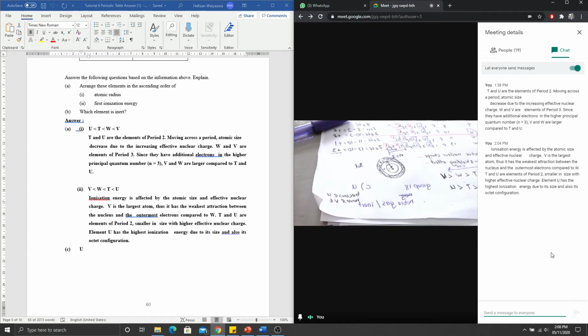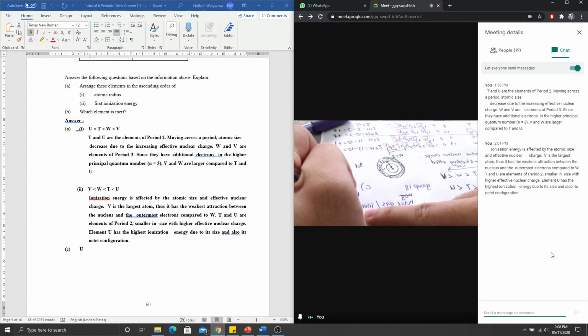Okay, tulis valence electron terus. Saya tak cukup tempat. Thus, it is inert. Inert ataupun noble gas. Okay, boleh.